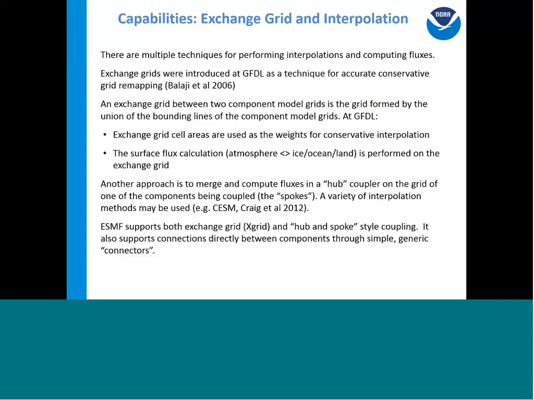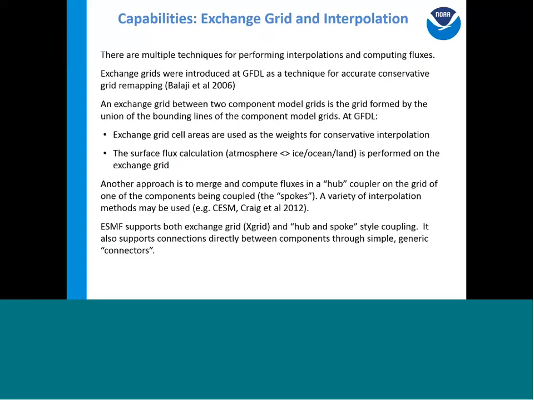One example of a strategy geared to a specific predictive timescale is the exchange grid. The exchange grid was developed at GFDL as a technique for accurate conservative grid remapping by Balaji and Jeff Anderson and others, much earlier than 2006, but that's when the paper came out.